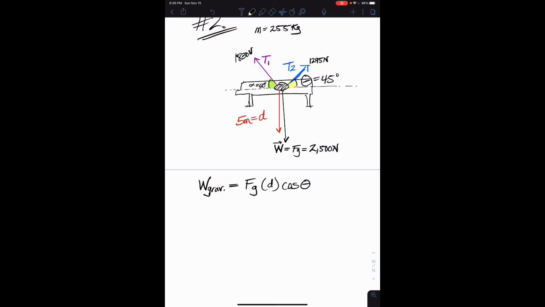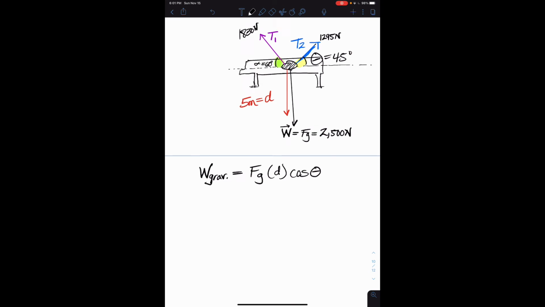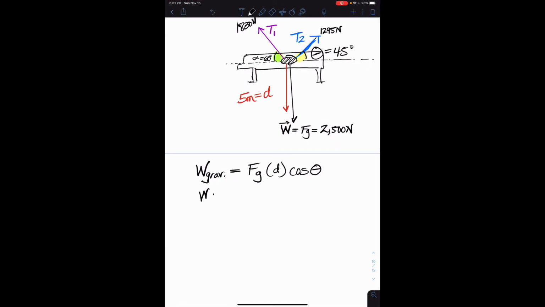Now notice that the weight and the distance point in the same direction, so theta is 0. So we can say the work done by gravity is equal to 2,500 newtons times 5 meters times the cosine of 0, which is just 1.